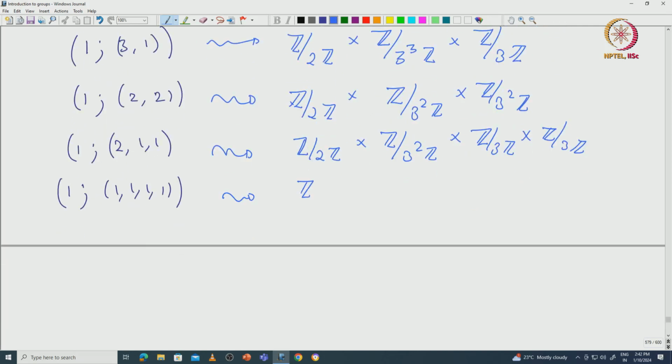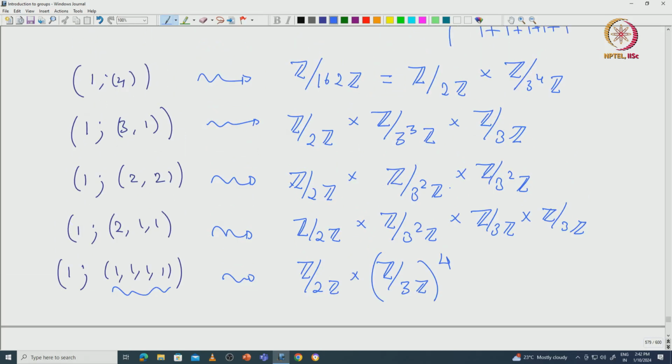This is Z modulo 2 Z cross Z modulo 3 Z. Now there are 4 copies of them, so you raise it to the power 4. So that's it. These are all the non-isomorphic abelian groups of order 162.